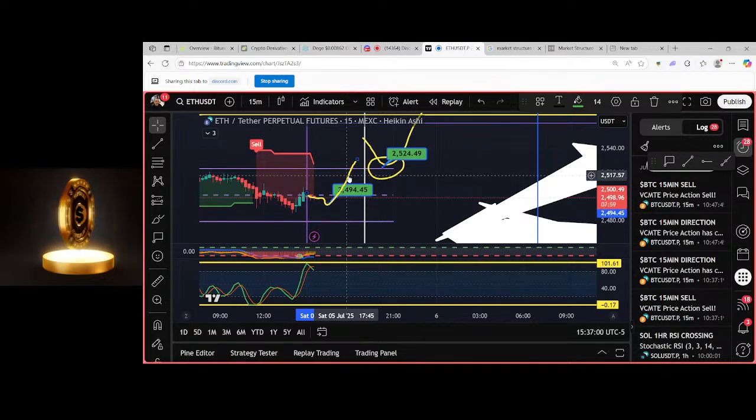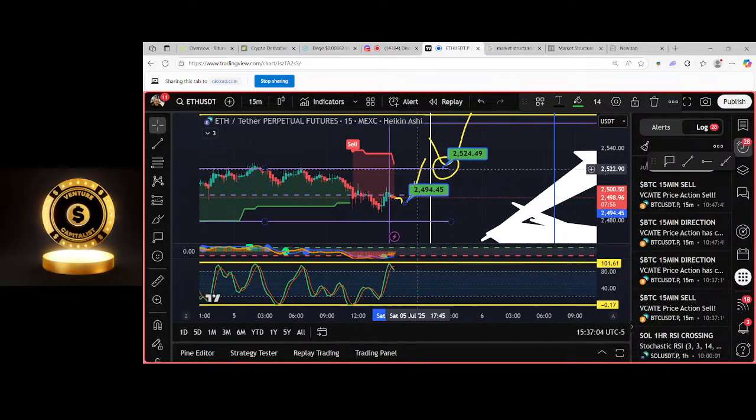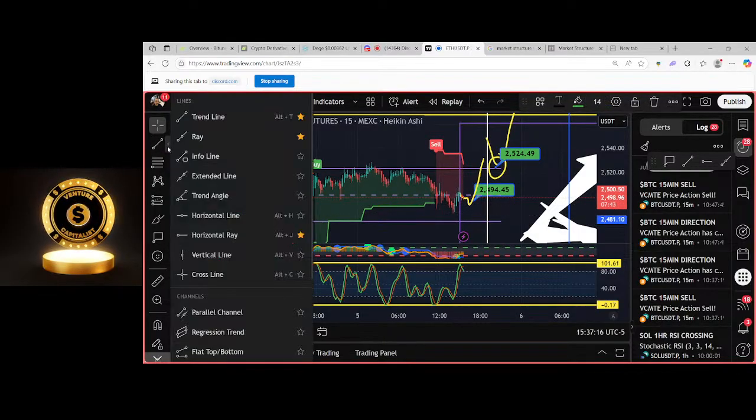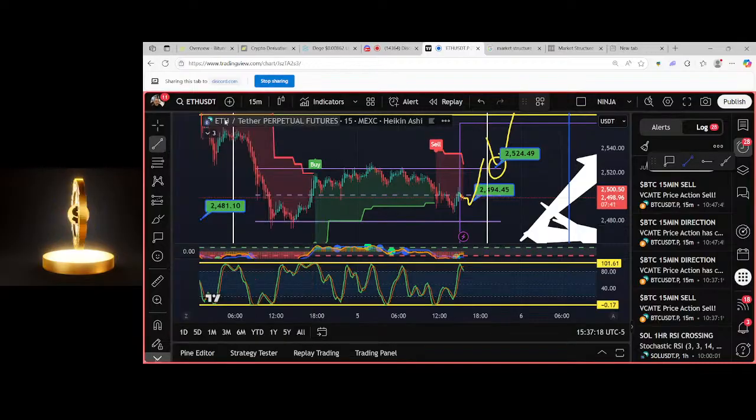Now that we have this idea of what we want to do, and we have areas of interest for us, one of the interests is the previous 2,400. I'm going to move this over here. And what I'm going to show you is there is a line here, right? I'm going to get a trend line. There's a line right here that on the previous bounce created a resistance area and then a support area, right?